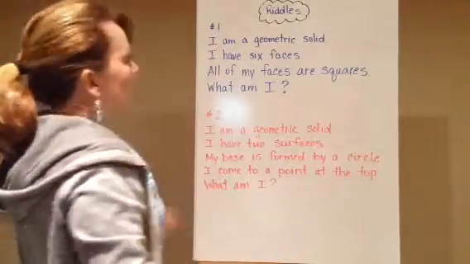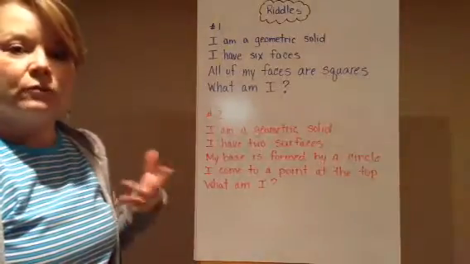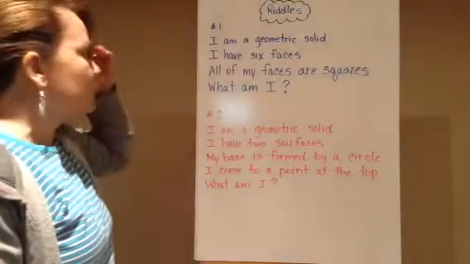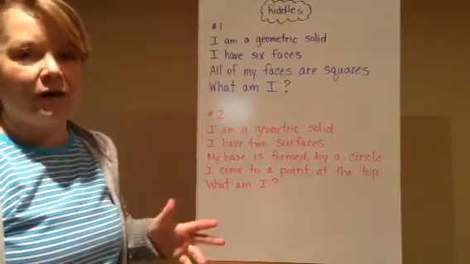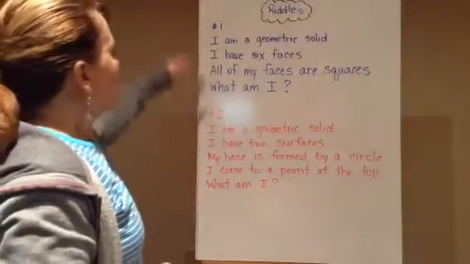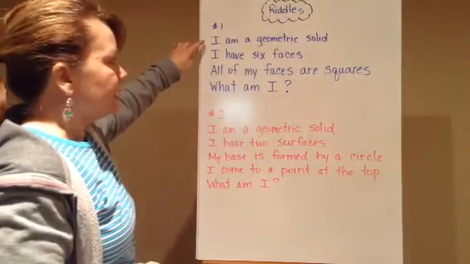So, what I would like you to do is think about the characteristics of different geometric shapes, and I have some riddles for you to see if you can figure out which shape I'm talking about. Okay? So our first riddle is, I am a geometric solid.